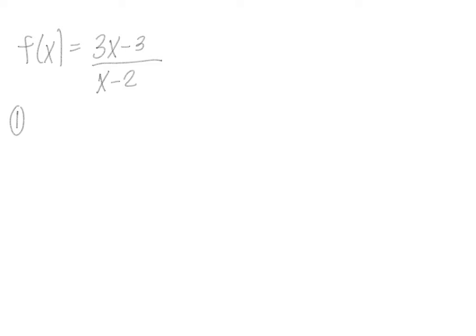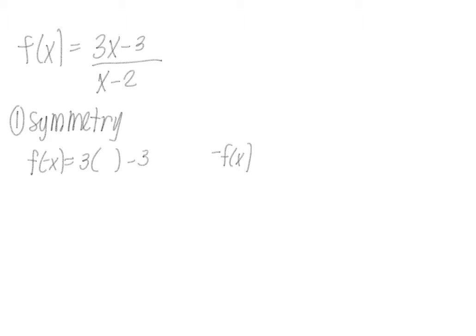So if I already know what f of x is, I'm going to find what f of negative x is, and I also want to find out what negative f of x is. So f of negative x would be putting a negative x in place of x.